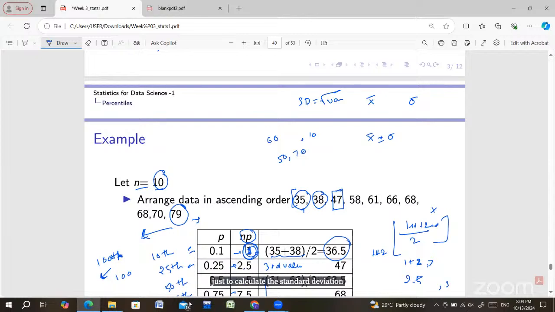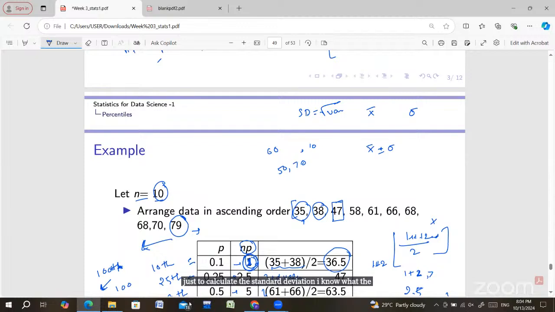Because variance gives you the data values in squared units, so we use standard deviation, which you can use directly.